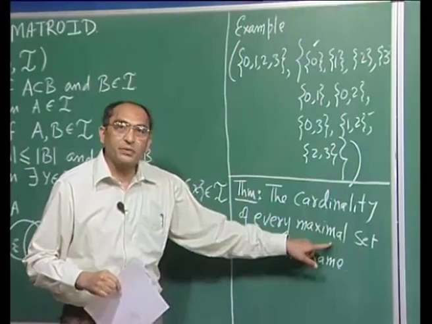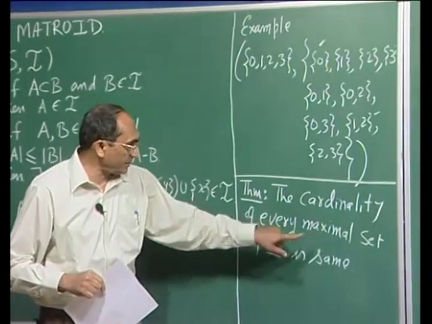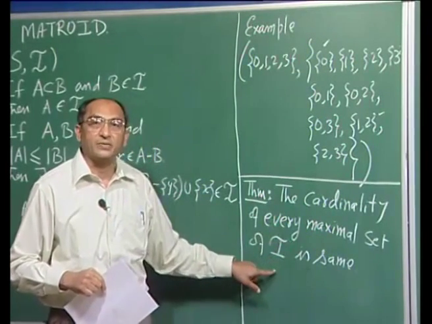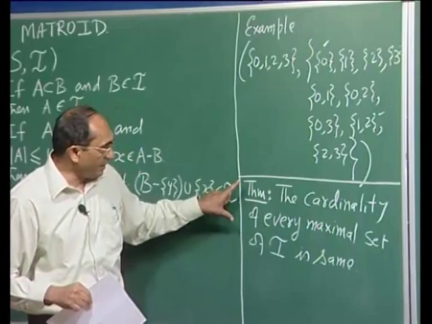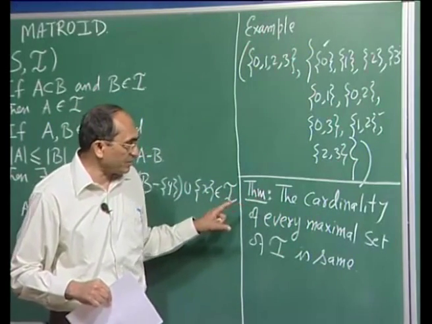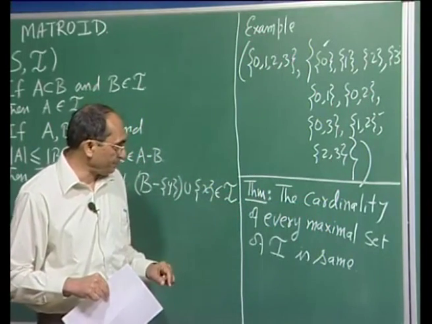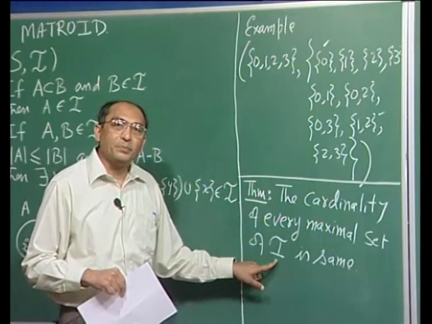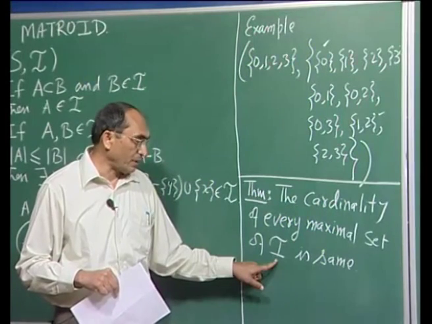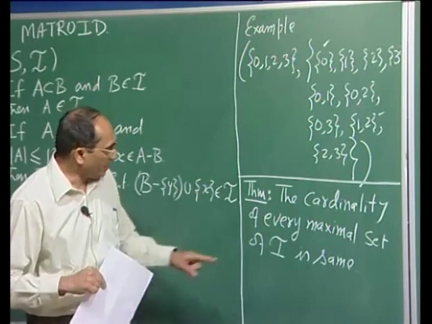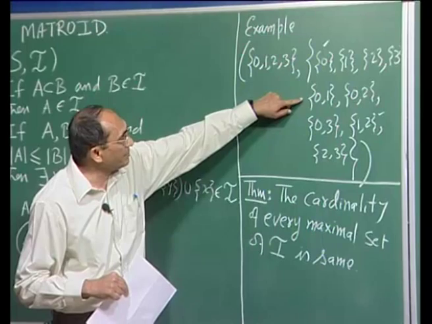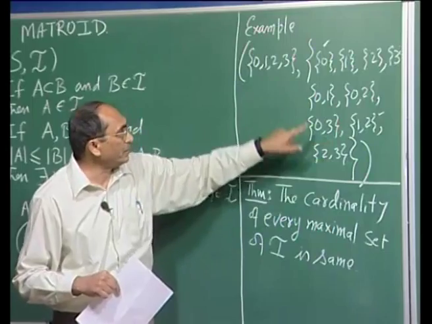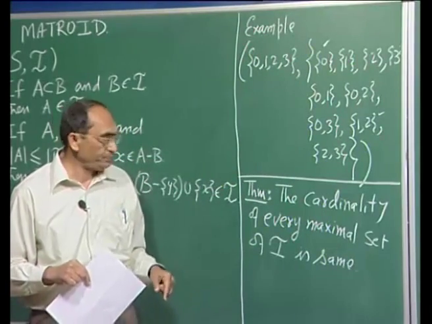By maximal set we mean those sets of I which are not properly contained in any other set of I. And the claim is that all such sets have the same cardinality in a matroid. One more thing, we will call the members of I independent sets for some historical reason. So, in our example, all the maximal sets are {0,1}, {0,2}, {0,3}, {1,2} and {2,3}. They all of course have cardinality 2.